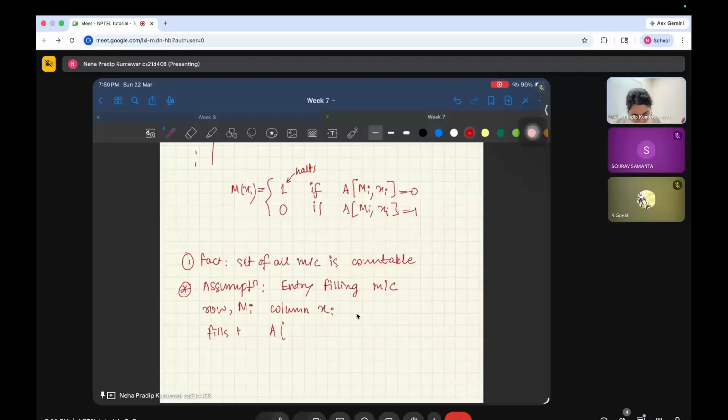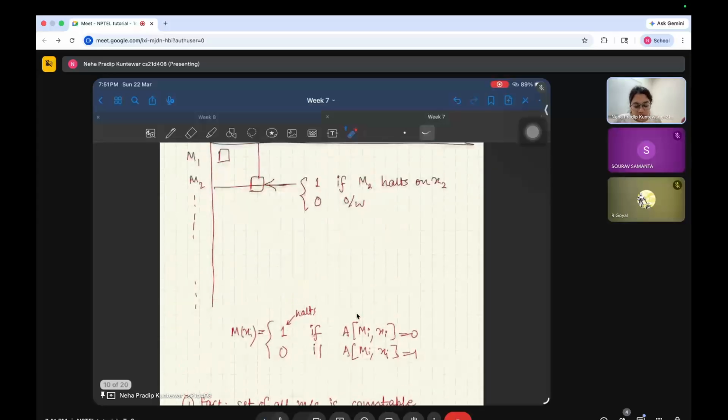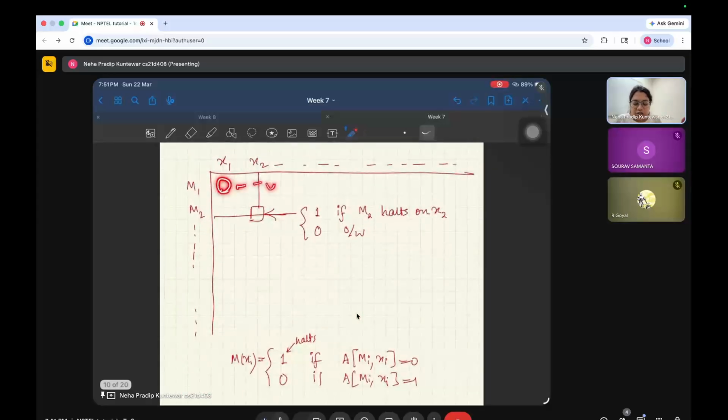and it fills the value of the entry of the matrix, which is the mith row and xith column, as 1 if mi halts on xi and 0 otherwise. Okay, so what did we do? We assumed that there is a machine which is going to tell us what are these values.